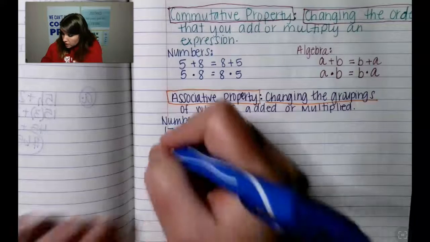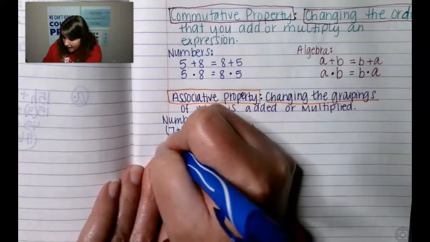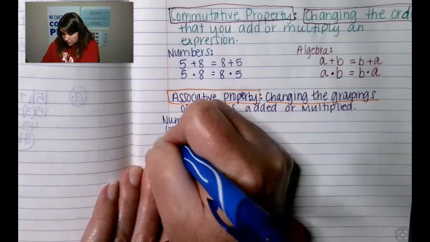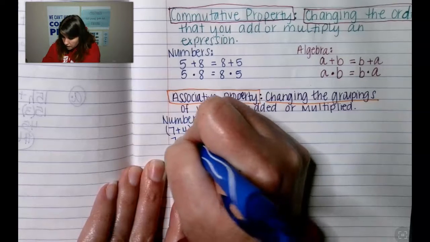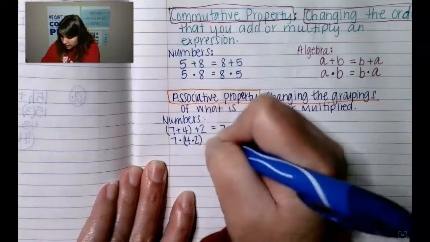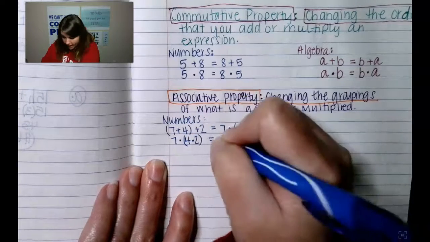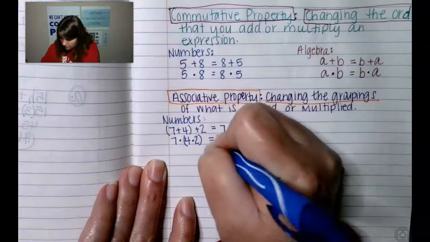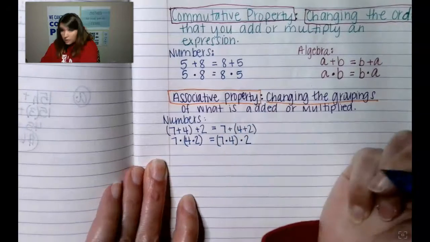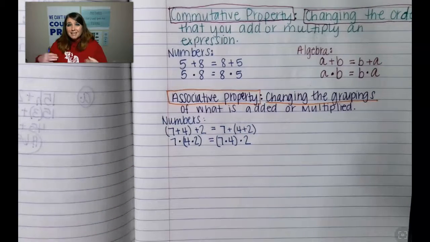Okay, multiplication. If I said 7 times 4 times 2 is the same as 7 times 4 times 2, with the parentheses moved, that means I'm going to get the exact same answer.